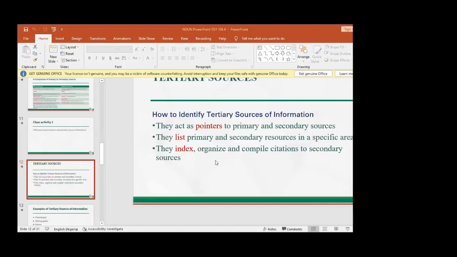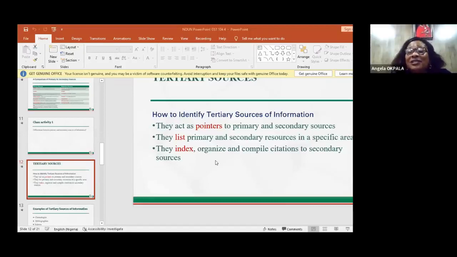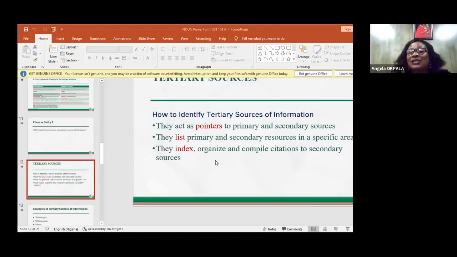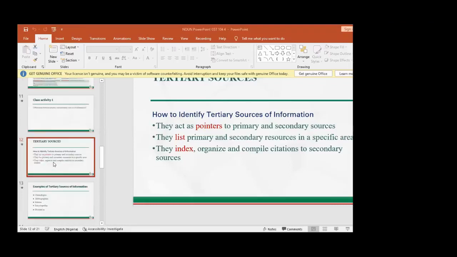Most times, tertiary sources of information are just listing, indexing. You will just see them pointing you to a primary source, pointing you to a secondary source, or even a combination of both. So that is what we mean by tertiary source of information.